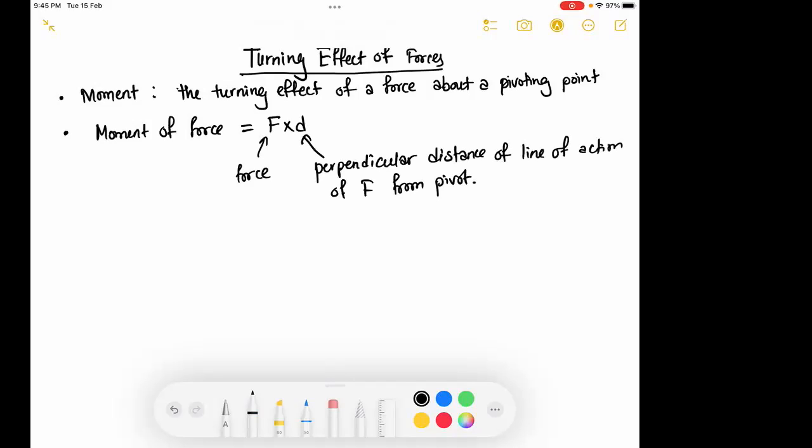For example, let's say this is our pivoting point and this is a wooden bar, and a force F is acted at this point. You draw a long line like this, the line of action of force F. The distance from the pivoting point to the line of action is called D. If you multiply F with D, you get the moment.